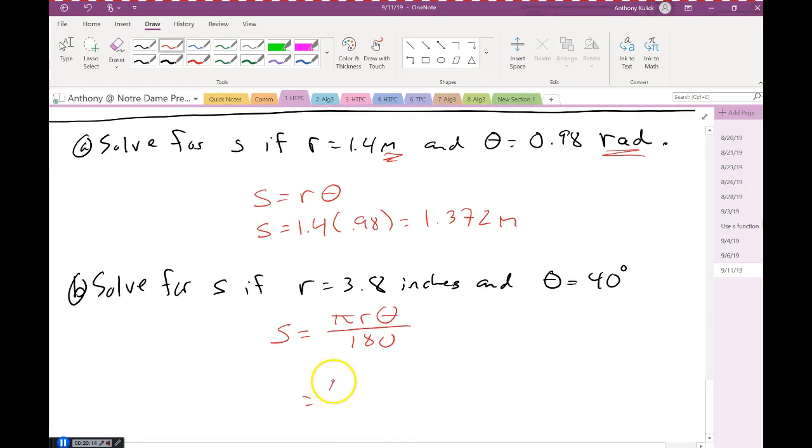In this case, we're going to have pi times 3.8 times 40 all over 180. And when I type this into my calculator, I get about 2.653 inches.